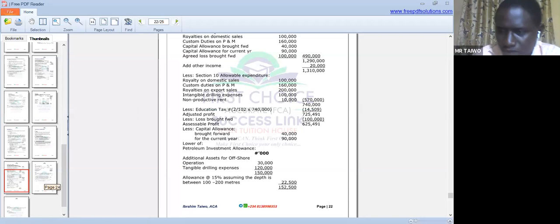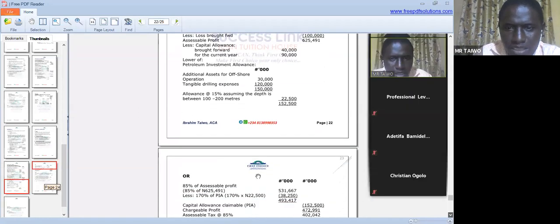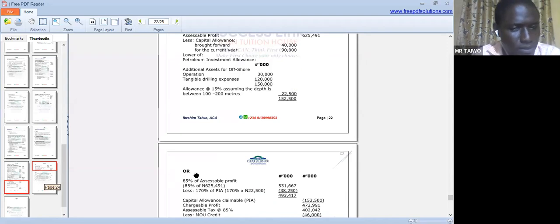Now, the second part is 85% of assessable profit. What's the assessable profit here? Our assessable profit here was 625,491. 85% of 625,491 is 531,667.